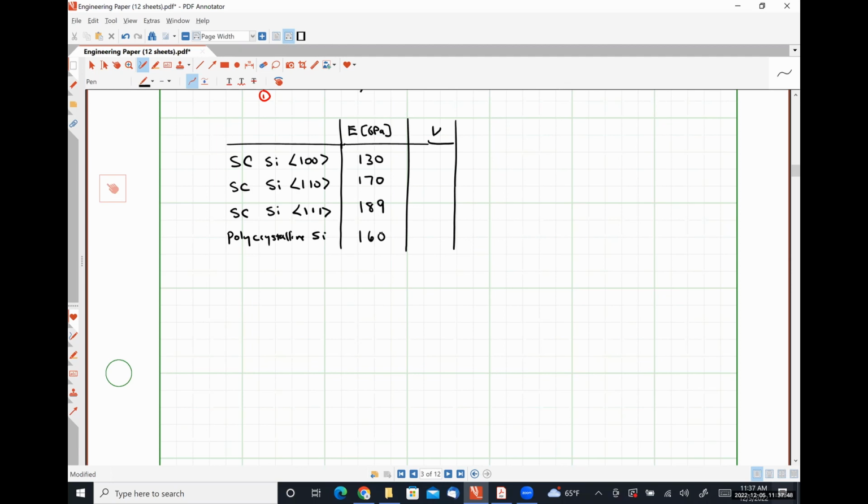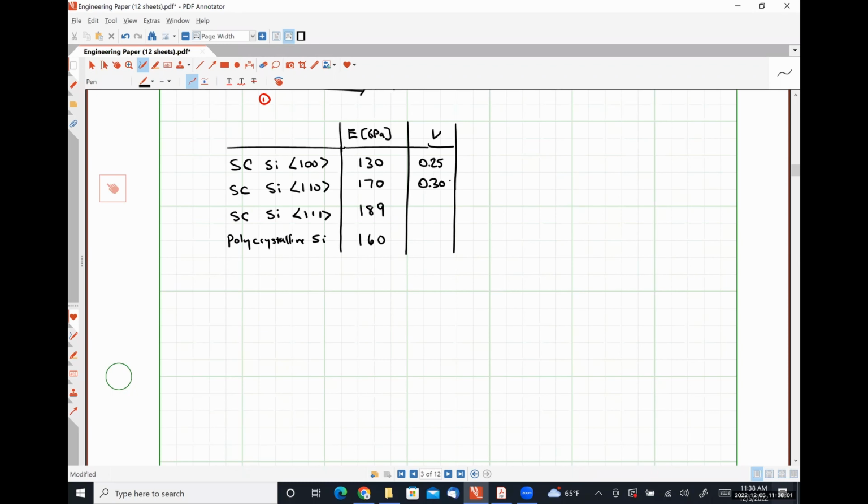Okay. Similar thing for our Poisson's ratio. 0.25 roughly for 100 silicon, 0.3 for 110, 0.36 for 111, and then back down to 0.25 for poly.